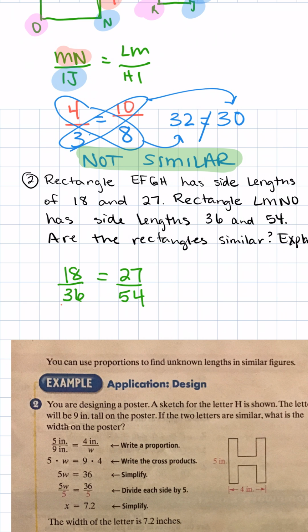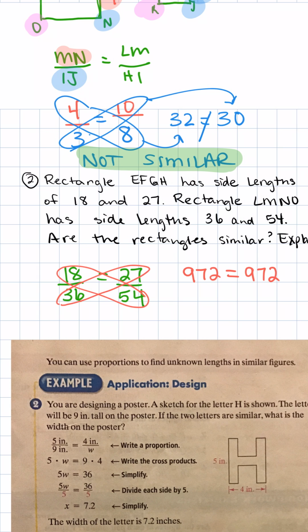Now we cross multiply to see if they are equal. 36 times 27 equals 972, and 18 times 54 equals 972.